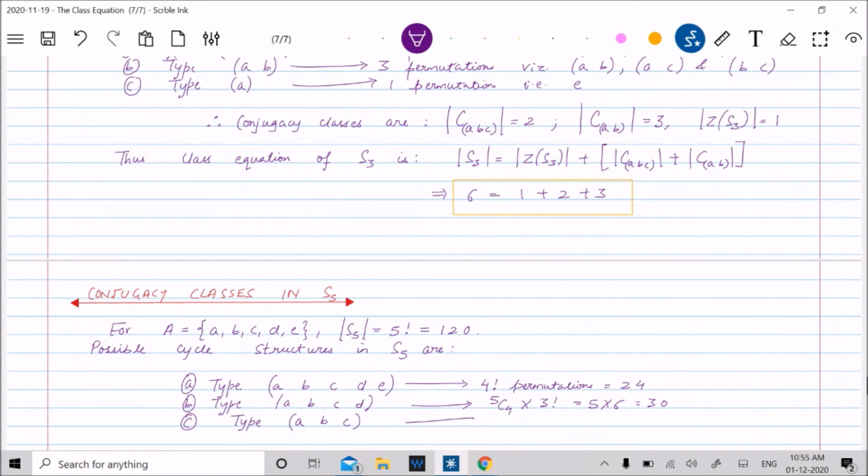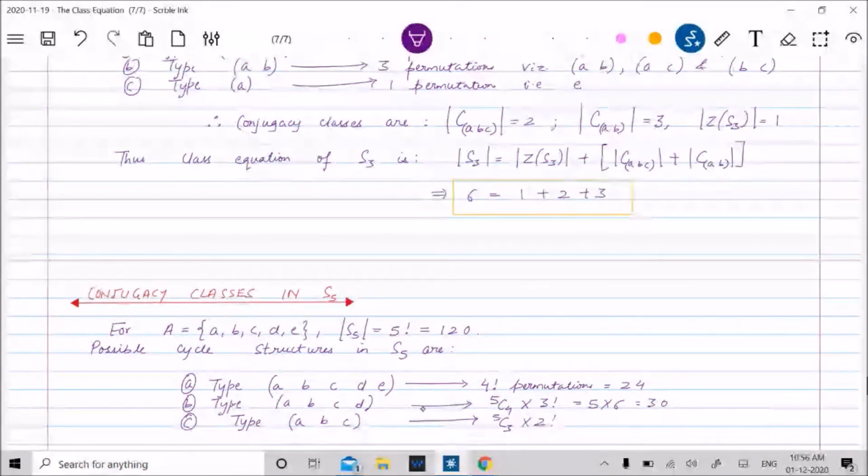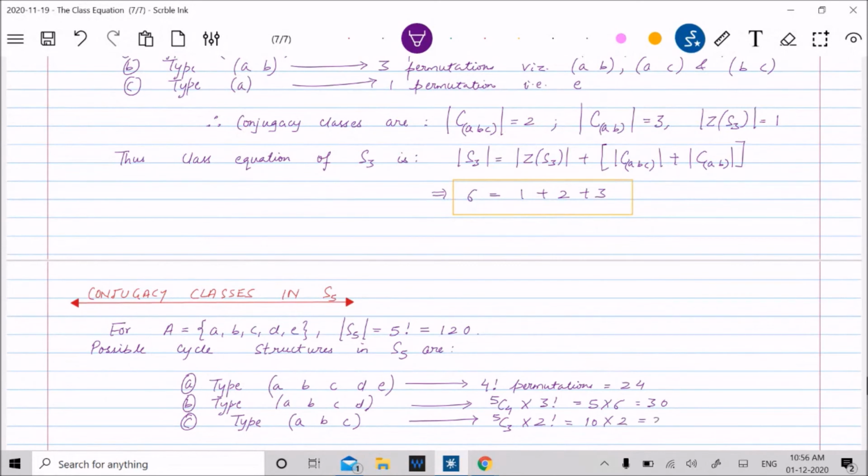Now, Mridul, tell me how many cycles are of this form? I left this to you, tell me. Same logic as above, tell me, Mridul. 5C3 into 2 factorial. Good. And the answer will be 10 into 2, that's 20.